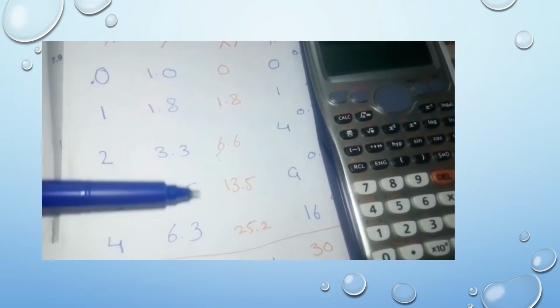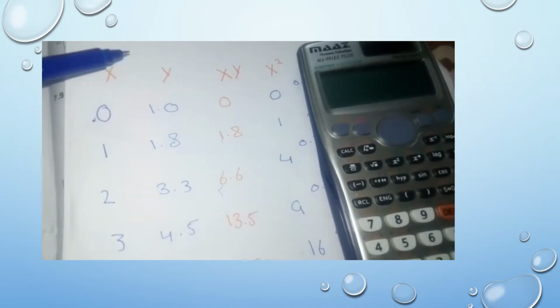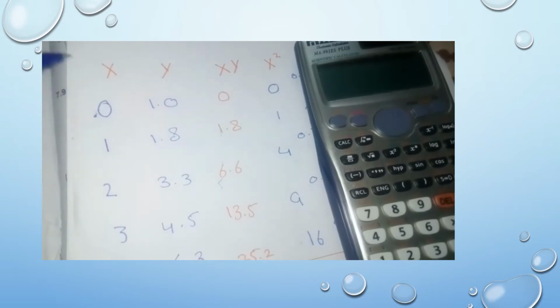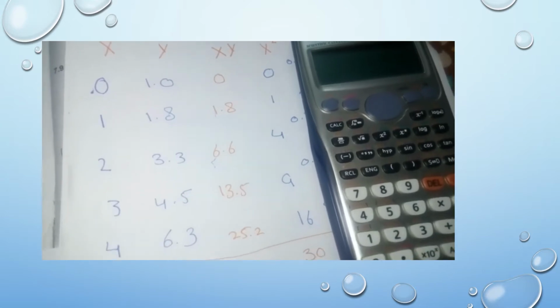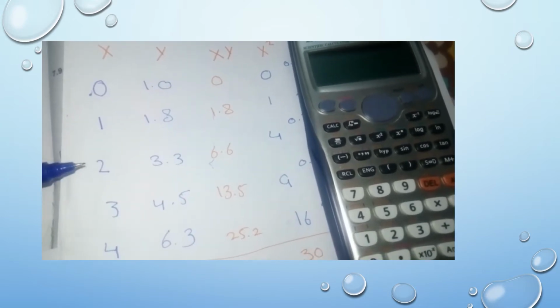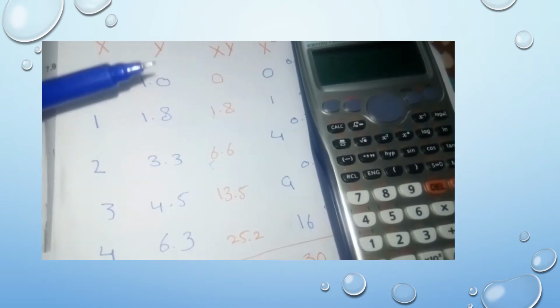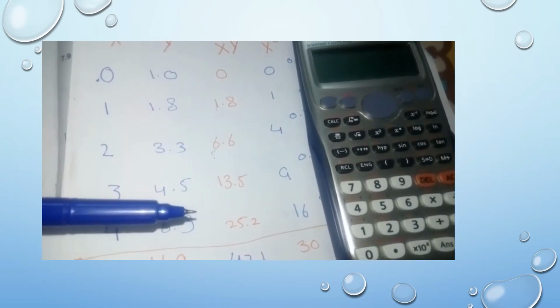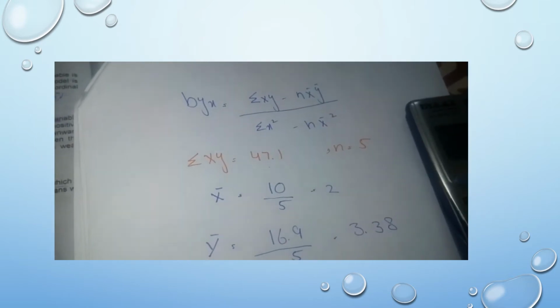The sum of the x is 10. The sum of the y is 16.9. When we take the square of x, the square of 0 is 0, then 1, 4, 9 and 16. So the sum of the x square is 30. So we put the values according to the formula.